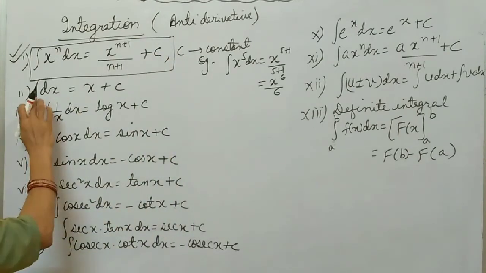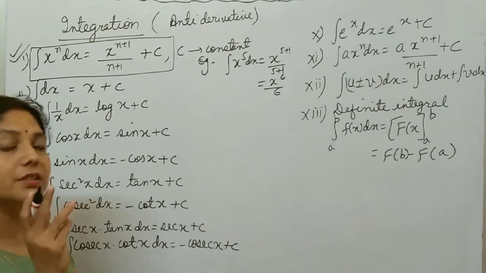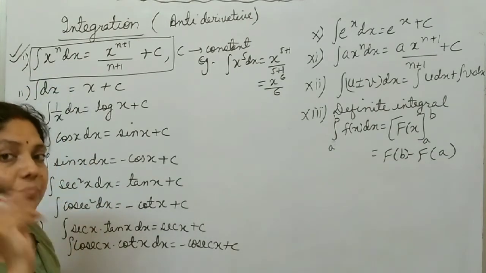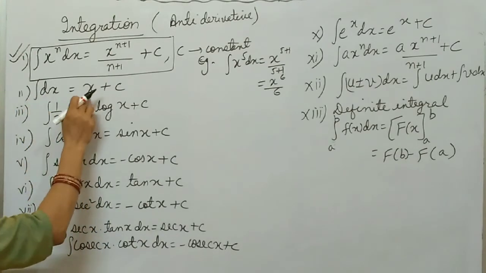Now the second one: if there is some constant. Differentiation of a constant is 0, but here integration of a constant gives x.